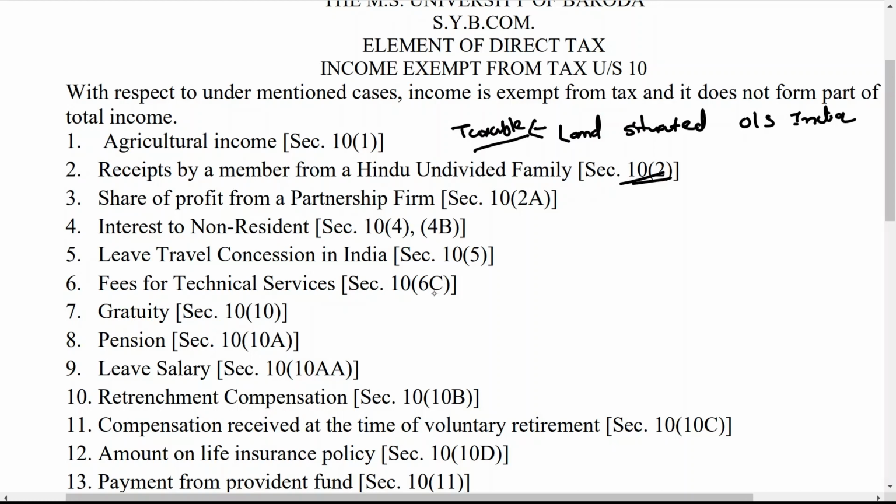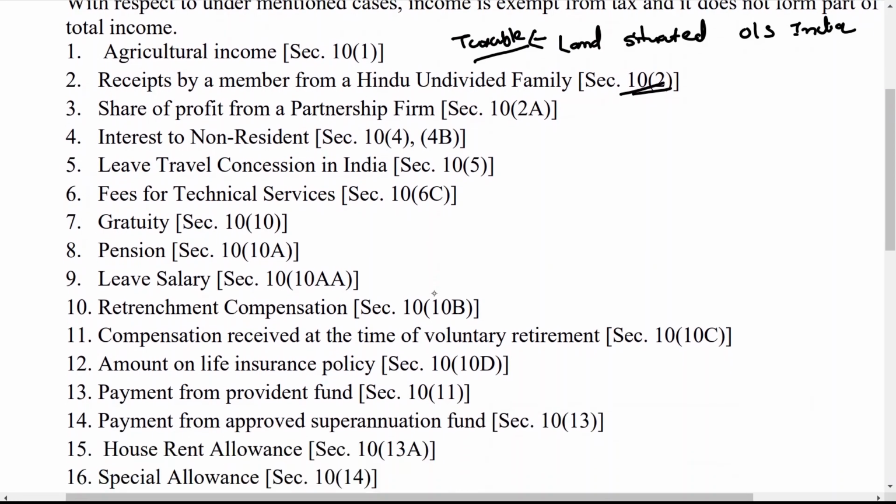Amount on life insurance policy: if any person is receiving any amount on account of a life insurance policy, that is also exempt under section 10 subsection 10d. Now payment from provident fund, payment from an approved superannuation fund. If anybody is receiving from their PF account or superannuation fund, it is exempt up to a certain extent.